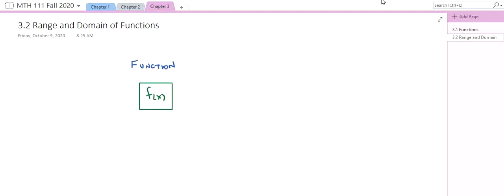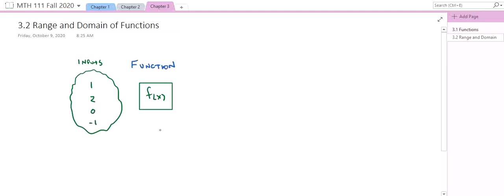Okay, suppose I have a function f of x, and I have my inputs over here, say 1, 2, 0, maybe -1. And when I put in an input, I get an output.